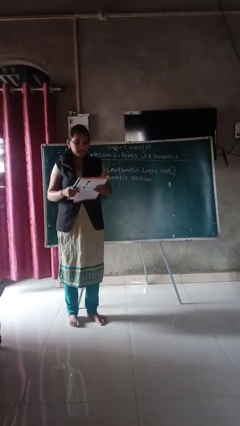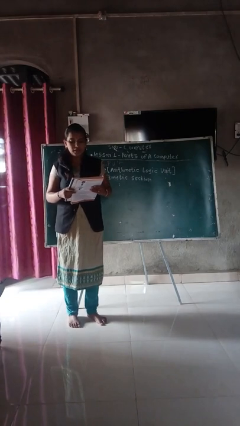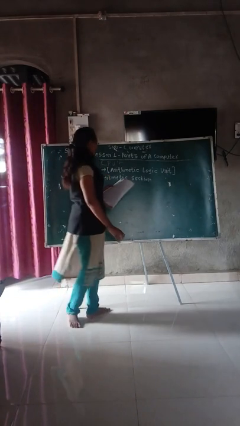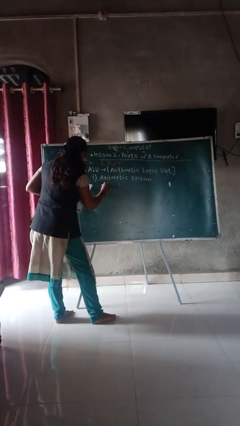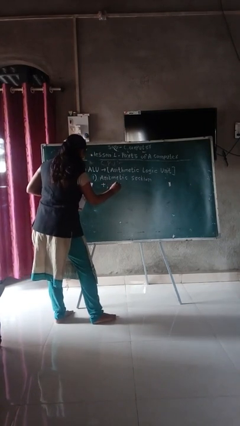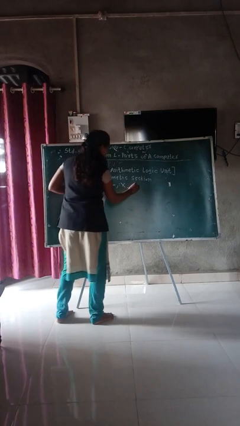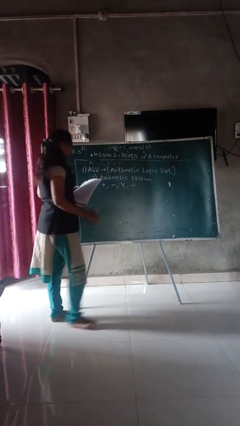The function of the arithmetic section is to perform arithmetic operations like addition, subtraction, multiplication and division.